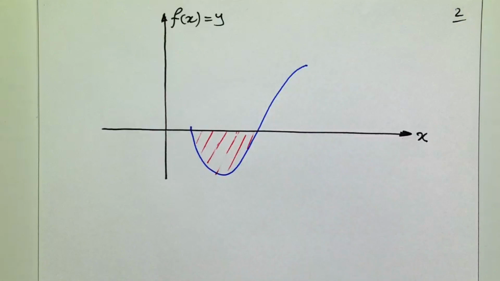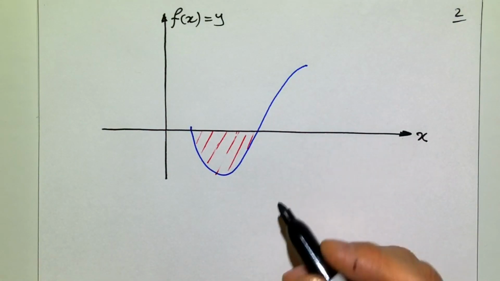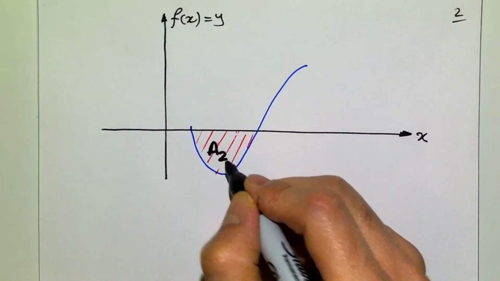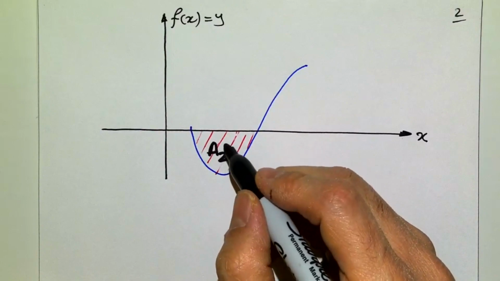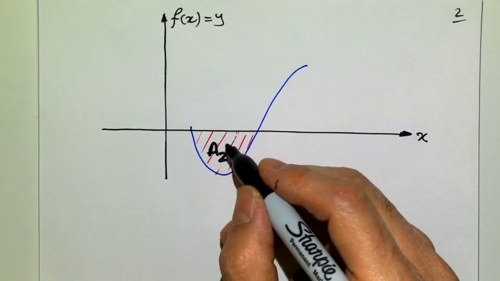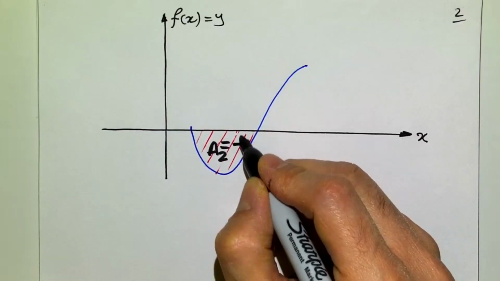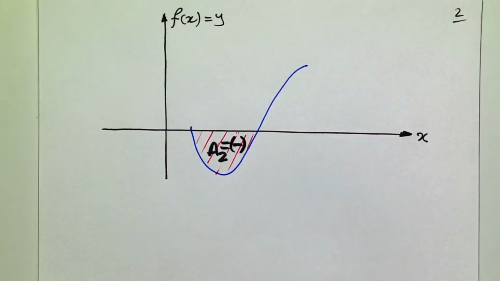So let's call this, and I'm going to use my thick marker here, A2, and A2 has a negative value.